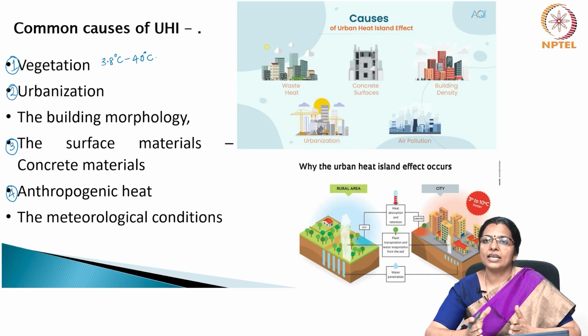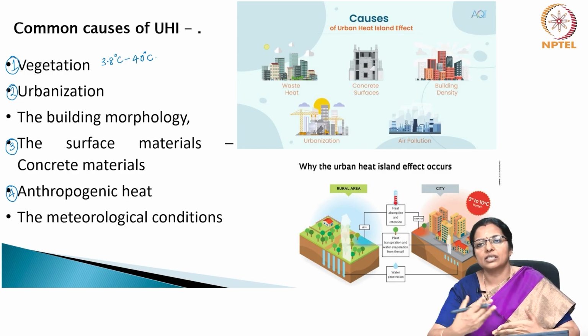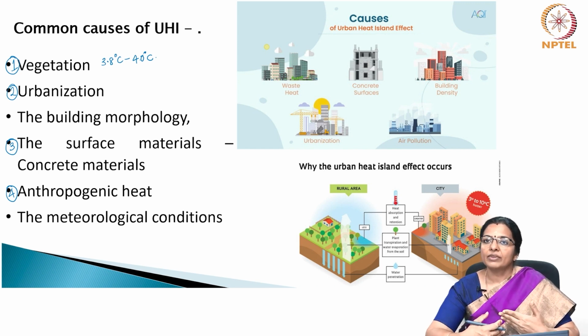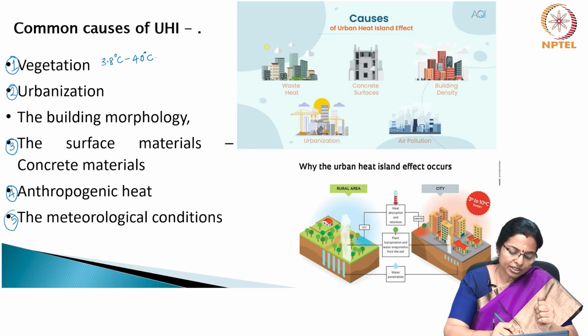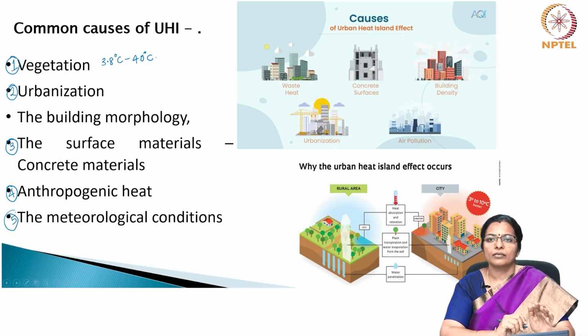Similarly, if planning of cities is done in such a way that transportation between two places is not really needed, people don't have to move long distances for their day-to-day affairs, then the anthropogenic heat due to vehicles can be reduced.